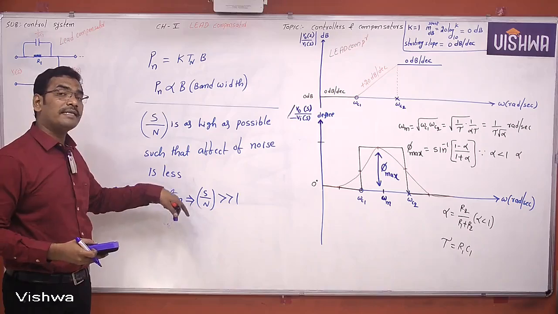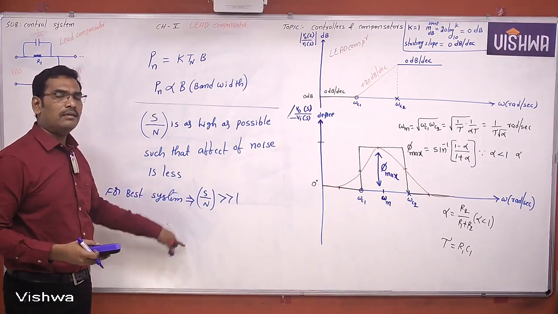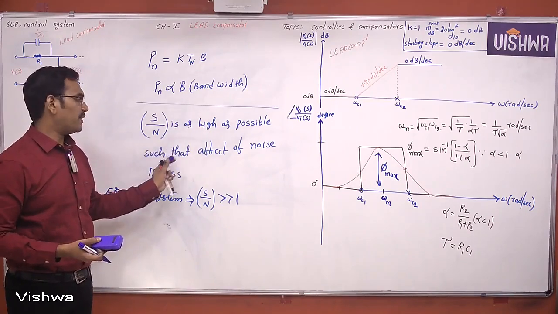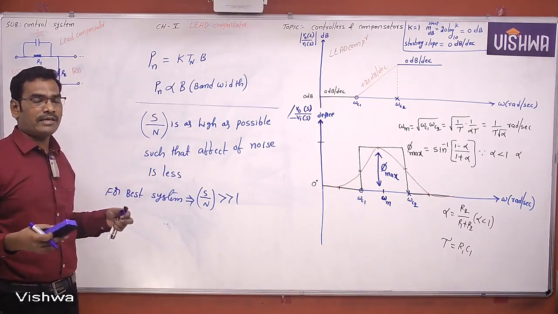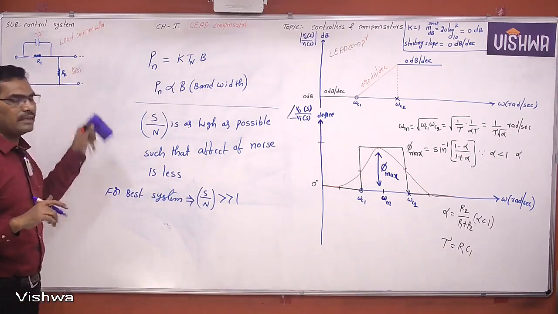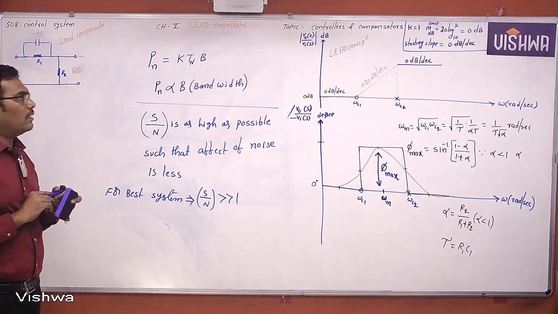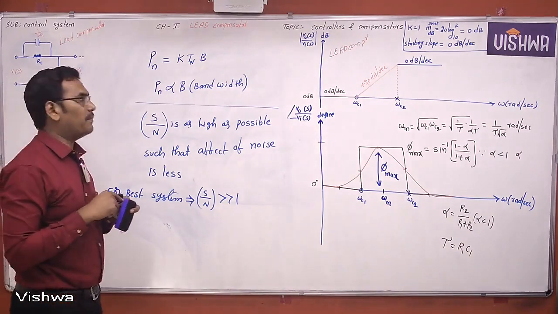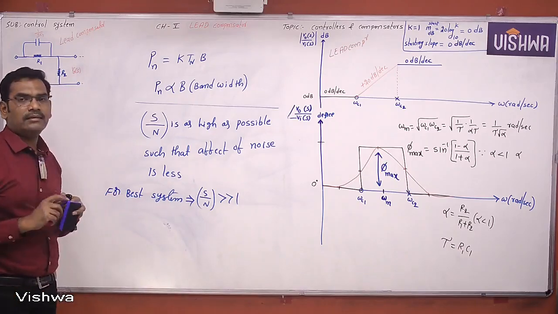When the signal to noise ratio is as low as possible, then the effect of noise is as high as possible. Noise effect is dominating and characteristics are disturbed. Okay, these two are the important parameters while we are discussing the effect of lead compensator. What should be the effect of a lead compensator?